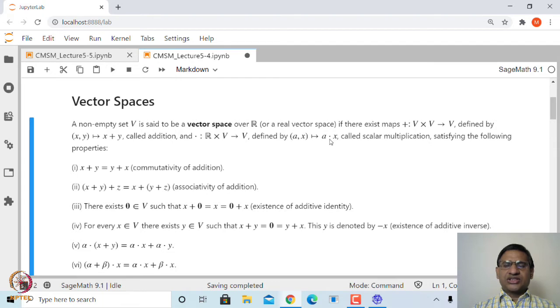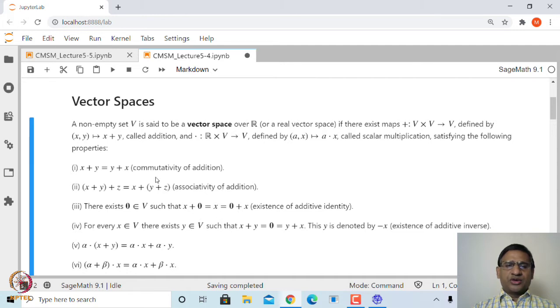This again is just a notation, and we call this scalar multiplication, and it should satisfy the following properties. First, this addition should be commutative, this addition should also be associative, and there exists an element which we denote by 0 in V, such that when you add 0 to x, it gives you x itself.